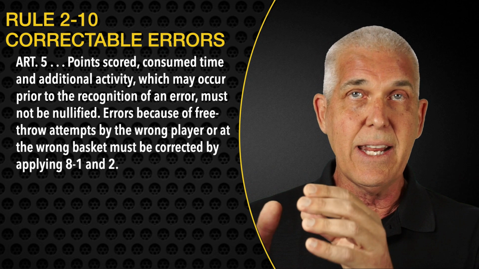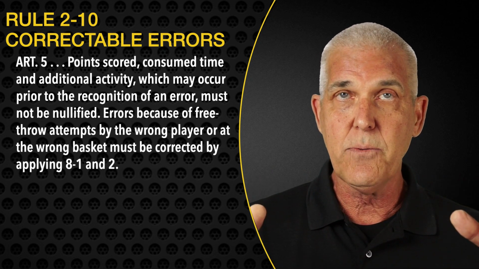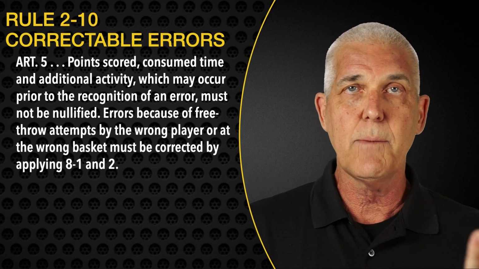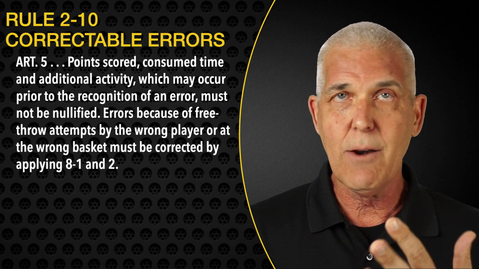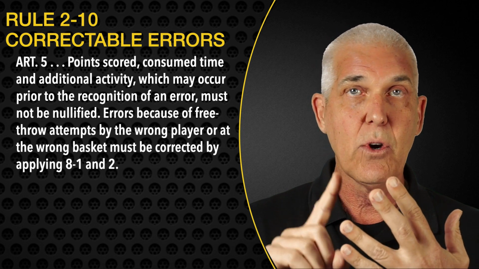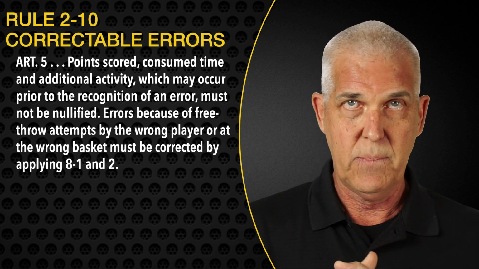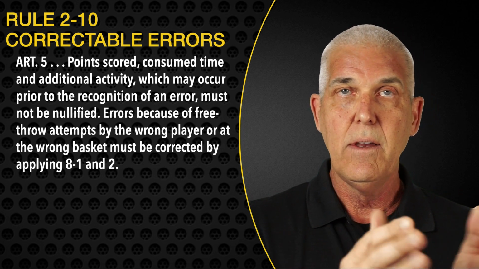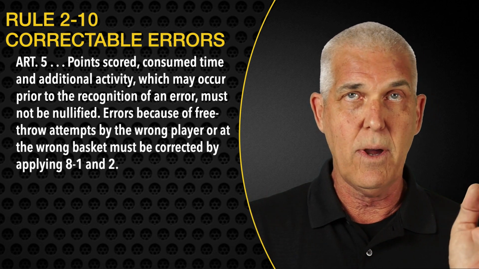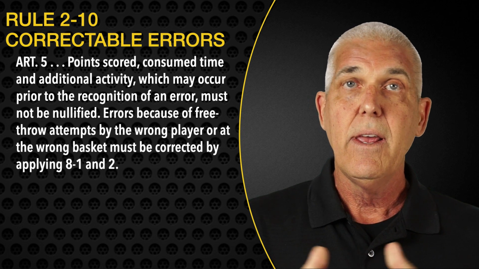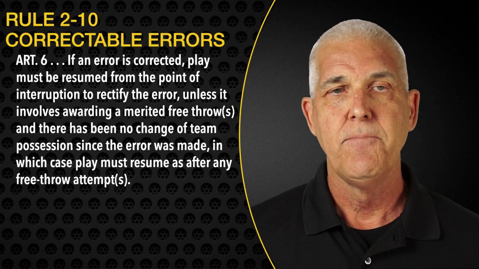We're only doing that in an unmerited free throw situation where there's something that's added to the game. But we're not resetting the clock and we're not ignoring scoring. The game continues on. We evaluate the period, whether a correctable error occurred, and we move forward from there.